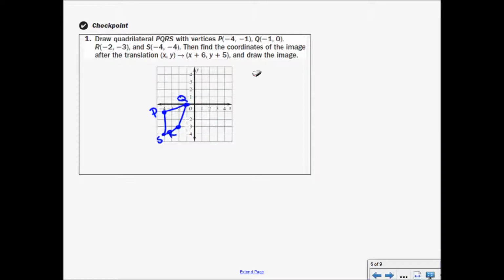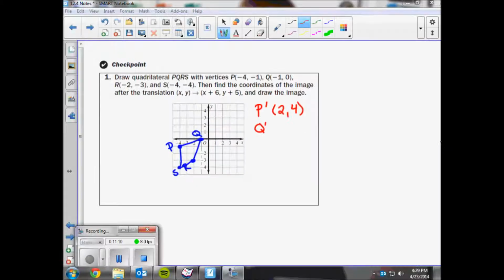So P prime will be at the point negative 4 plus 6 is 2, negative 1 plus 5 is 4. Q prime would be negative 1 plus 6, which is 5, and 0 plus 5 is 5.